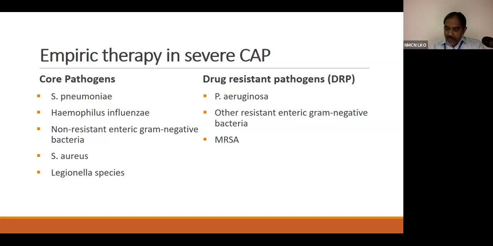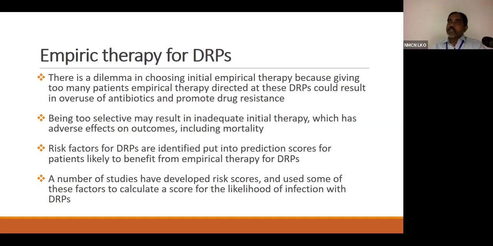It is very difficult at times to treat patients who come as severe community acquired pneumonia, admitted to the ICU, when you are not able to decide whether you should cover for DRPs or not, because under treatment will lead to increased mortality and morbidity, and over treatment will produce drug resistance.